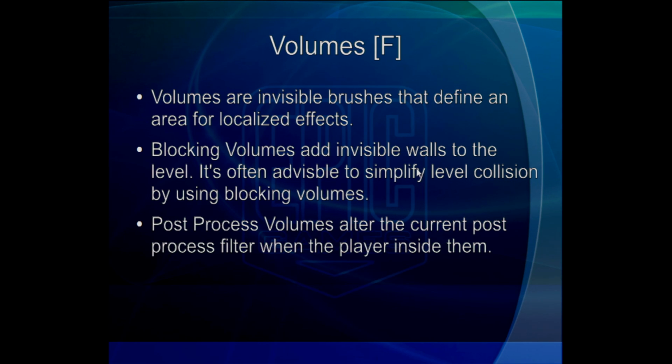Now, the other neat trick that we can tie back to the BSP is that when you're using BSP to block out your level, you're creating the playable space, right?